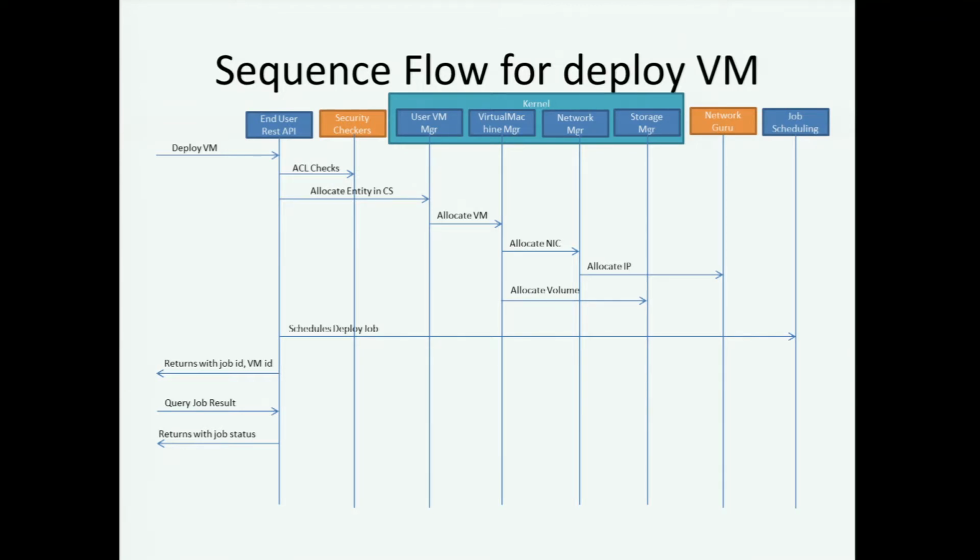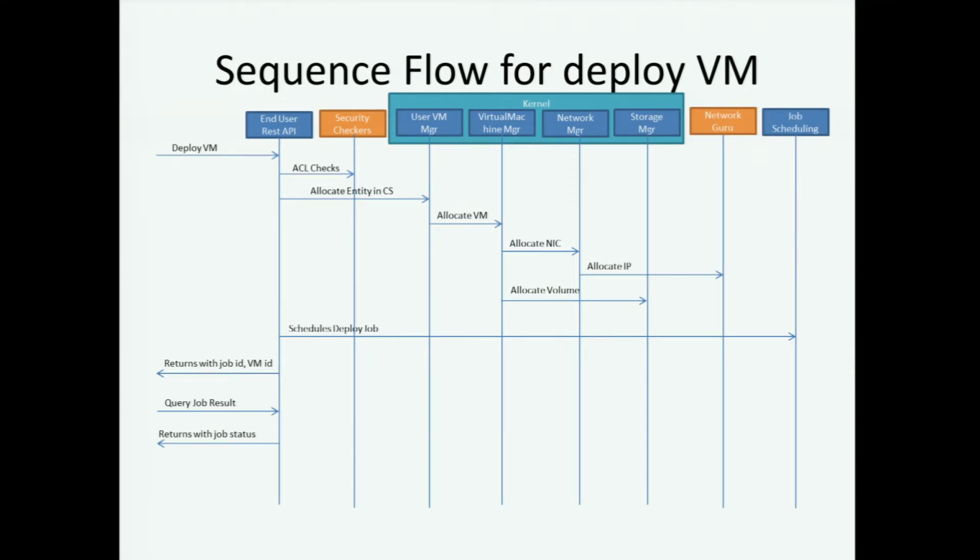And then we allocate entities inside CloudStack, which is basically us creating entities in our database to represent that particular operation, where we allocate the VM, and the virtual machine manager then says, okay, I allocated the VM. Somebody else needs to take care of how to allocate the NIC.